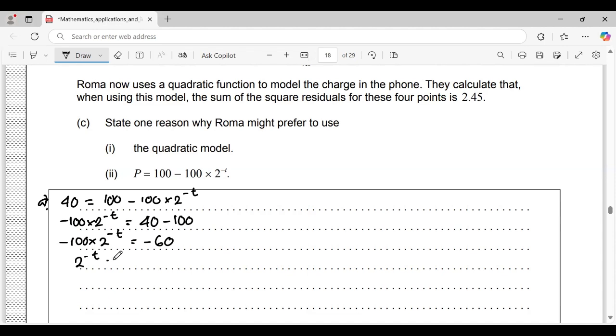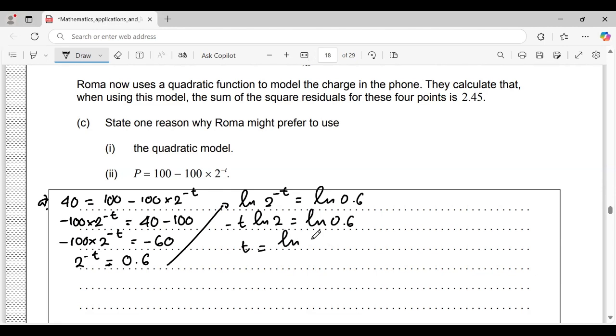So 2 to the power minus T is minus 60 over minus 100, which becomes 0.6. And then, according to the log rule, ln of 2 to the power minus T equals ln 0.6, or minus T ln 2 equals ln 0.6, or T equals ln 0.6 over minus ln 2.